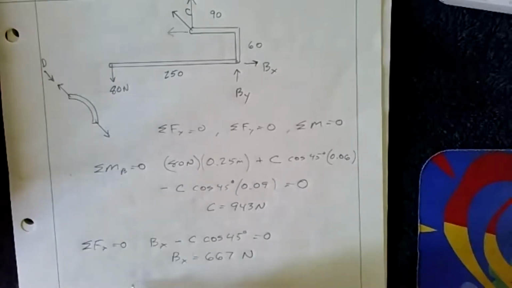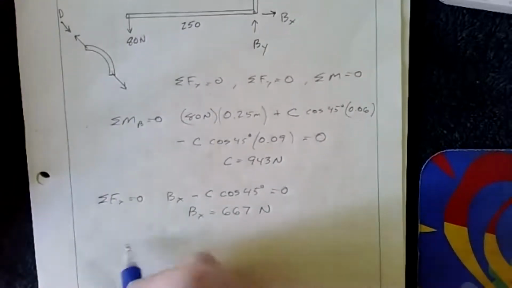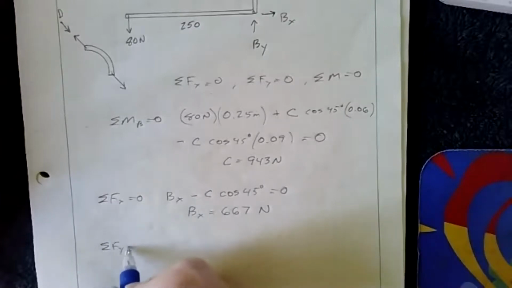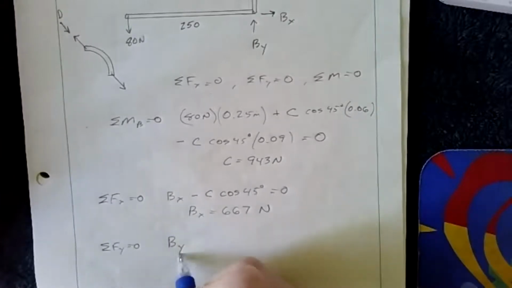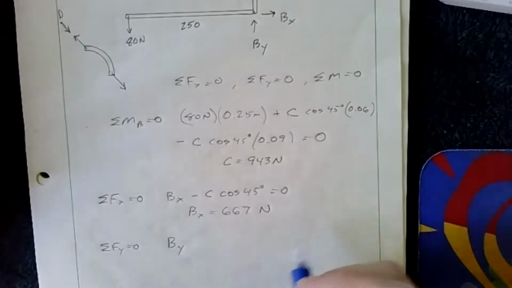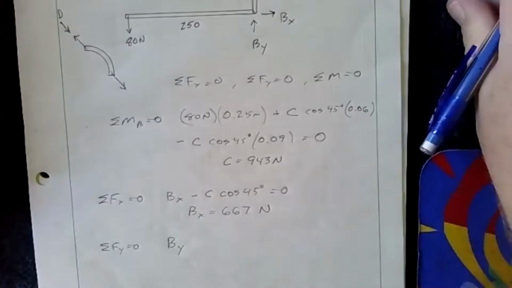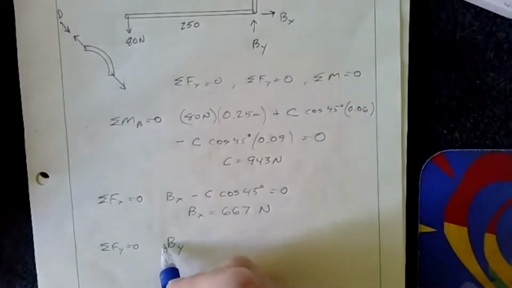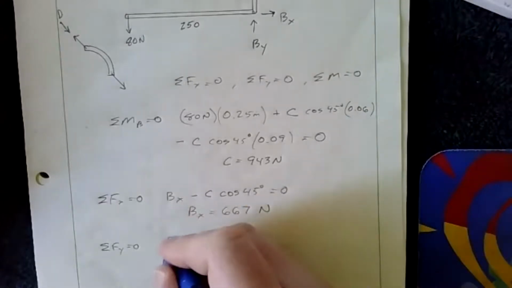If I do the same thing with By, summing my forces in the y direction, I have By, and I've written By to be positive, so I'll just leave it that.